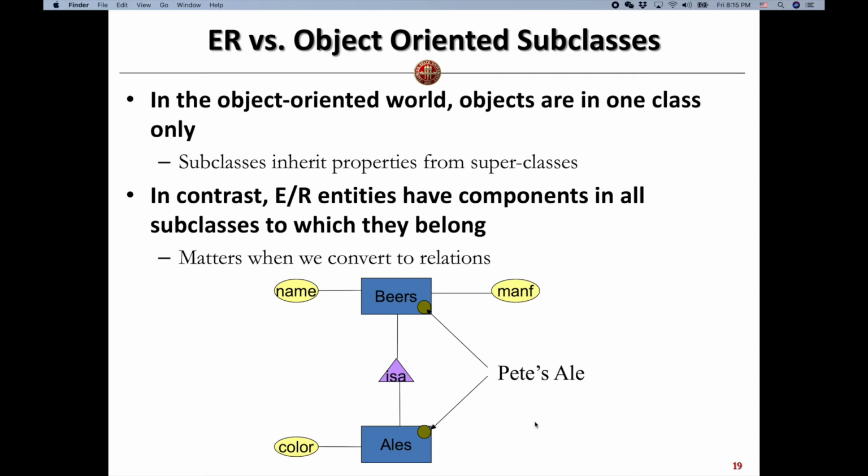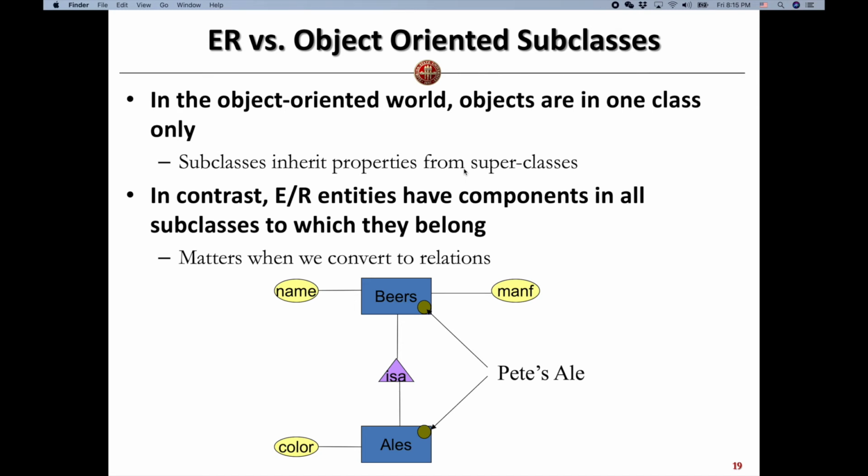So we know in object-oriented programming, objects will be in one single class only. No matter which class it belongs to, it can be a subclass or superclass, however, an object will be in one class only. And a subclass will inherit all the properties or attributes from the superclass, and the data are stored in one memory block.